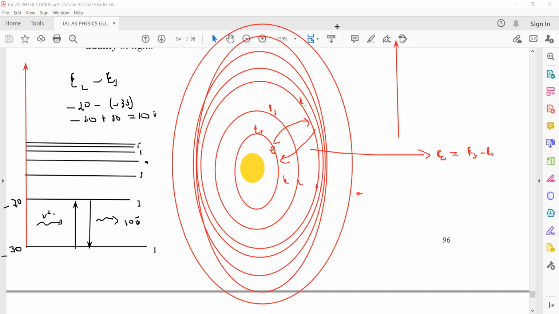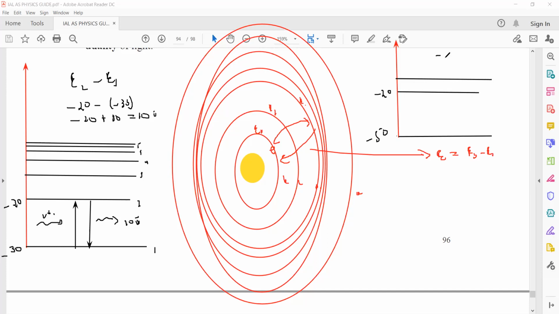in the case of sodium, the difference between the shells is not the same as hydrogen. It will have a different difference here. So maybe the first shell, for example, has minus 50 and the second shell has minus 20.